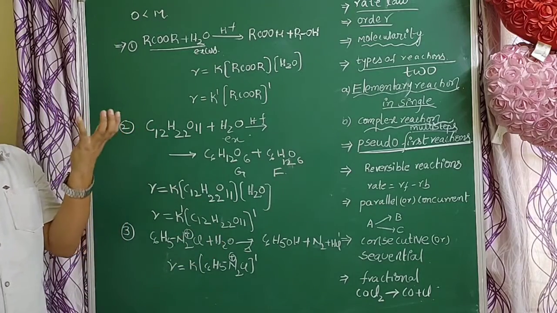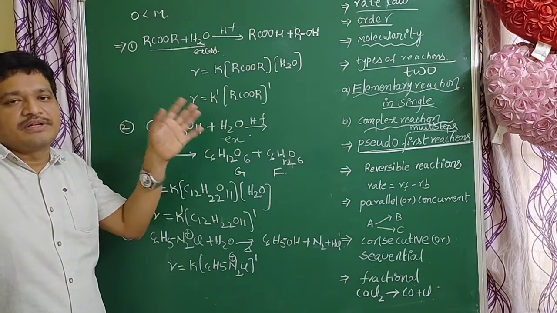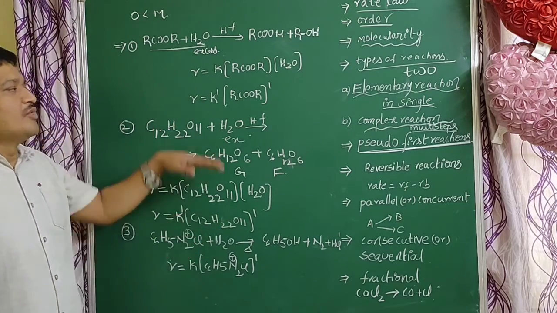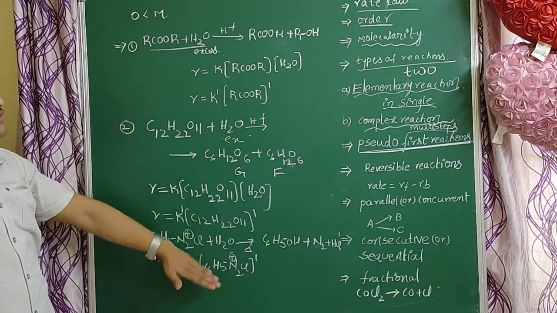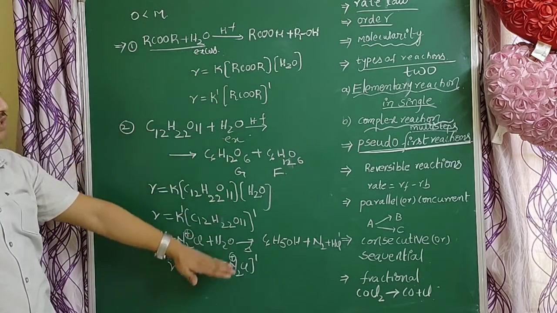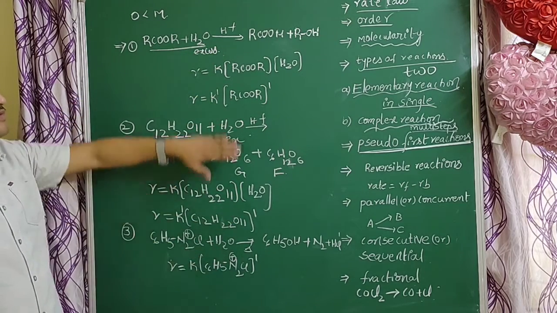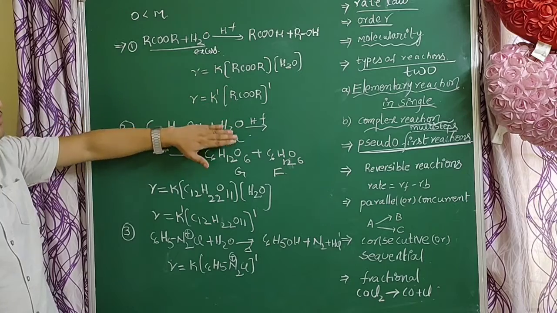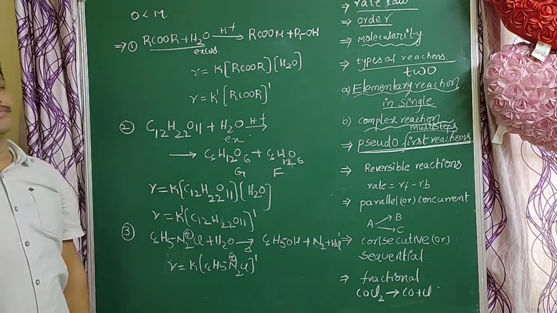Where molecularity is more than the order of the reaction, these types of reactions are called pseudo order reactions. Here all reactions have order 1, that's why they are called pseudo first order reactions, simply called first order kinetics.